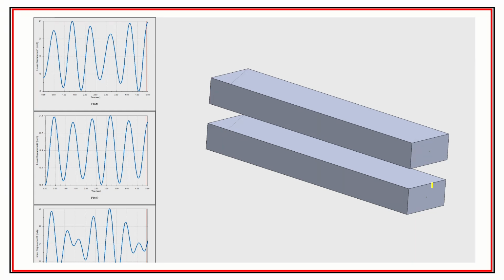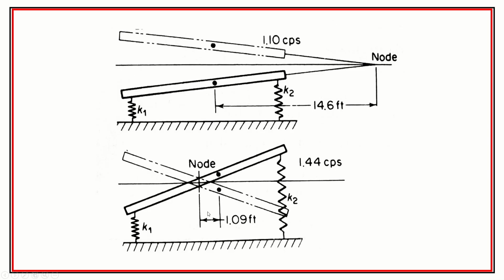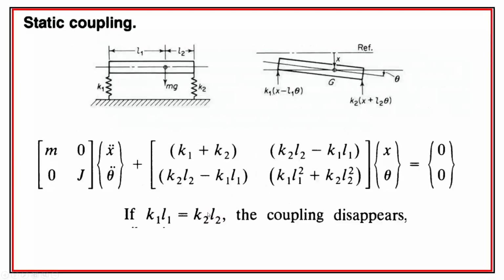You can see that by choosing different ones, which is essentially what we've done up here, right? We chose, these are the same problems, but we choose different coordinates. Our first coordinate was picking at the center of mass, which resulted in something that was statically coupled.